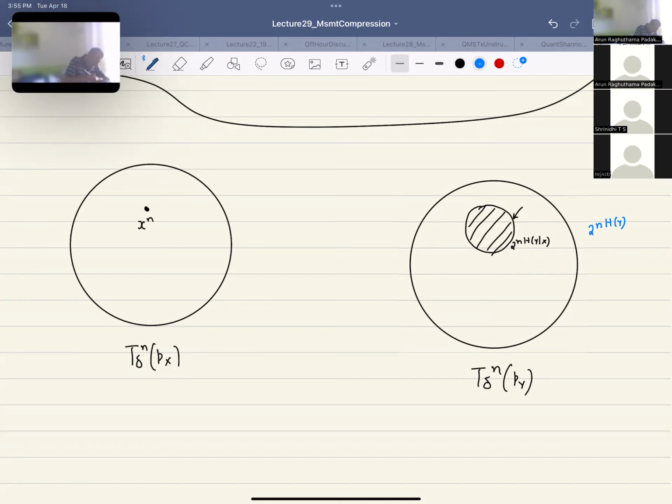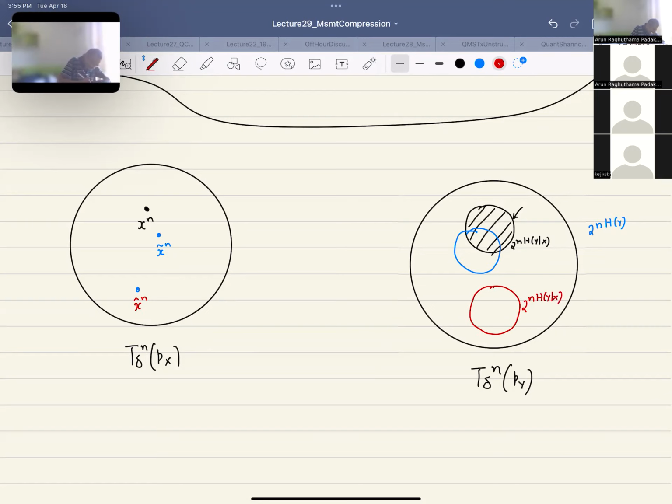Similarly, there is another x tilde n, a blue one, and there is a ball related to that. This may intersect, may not intersect. I don't care. Similarly, there is another x hat n. Sorry, let me write this in red. I'm going to focus on this. So I have another x hat n, and there is a ball with that, of size 2 power n H of Y given X again.